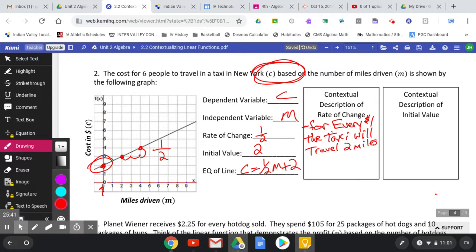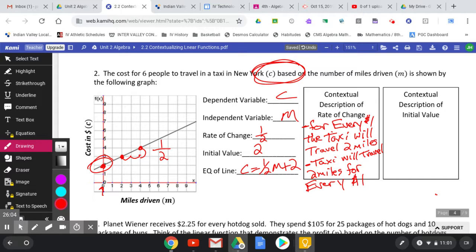Okay. Anybody want to say it differently? Could I say the taxi will travel 2 miles for every dollar? Yeah.